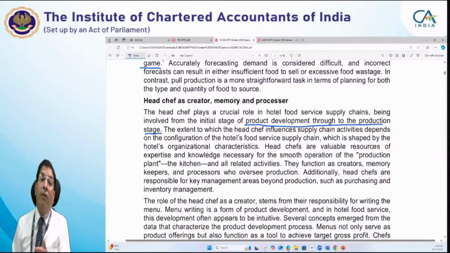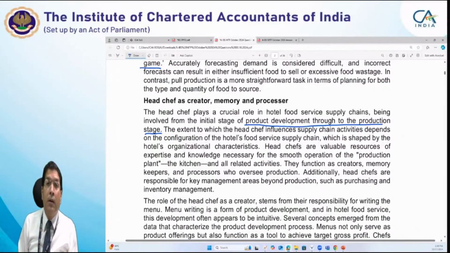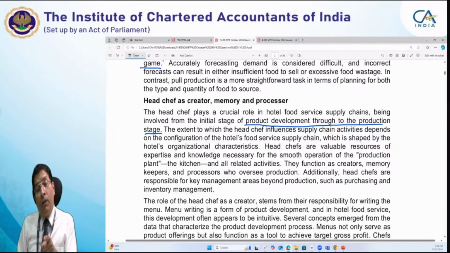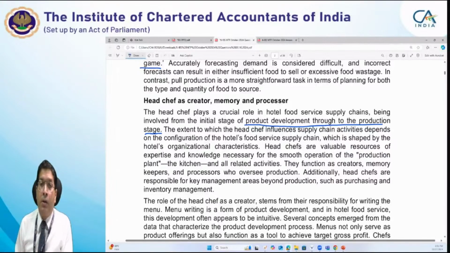Product development means menu creation, decision about how to make, recipe identification.